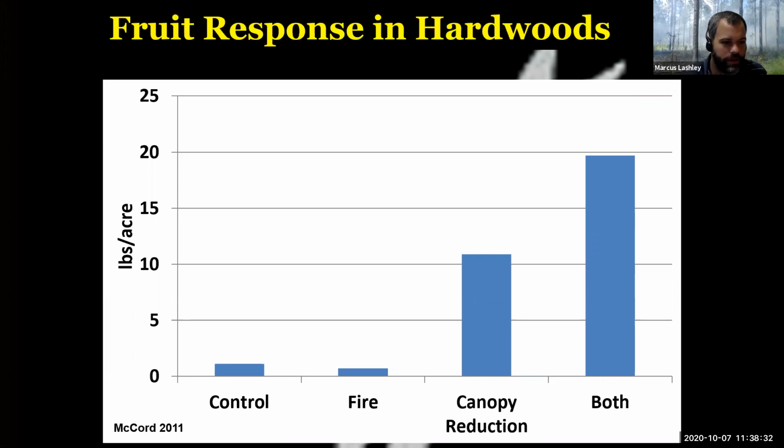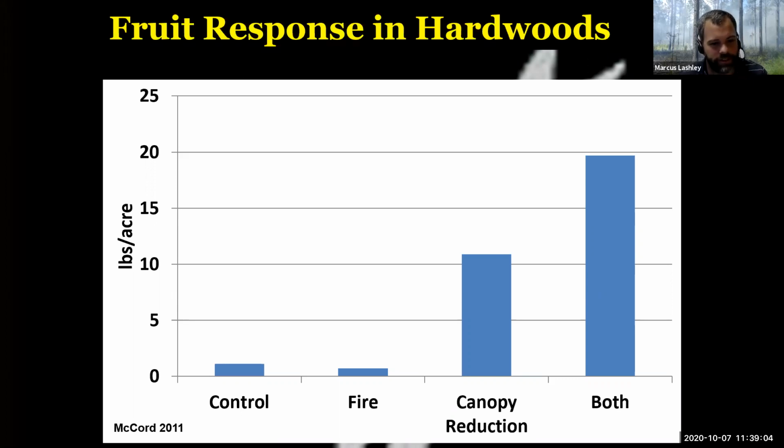So if you look at how much fruit is being produced in these stands, notice that control just means an unmanipulated forest that's closed canopy, hardwood. Not much fruit is being produced. If you insert fire into that system, light is still the limiting factor. That's important for you to remember. Light is limiting the wildlife community, and that is because it's limiting the plant community.